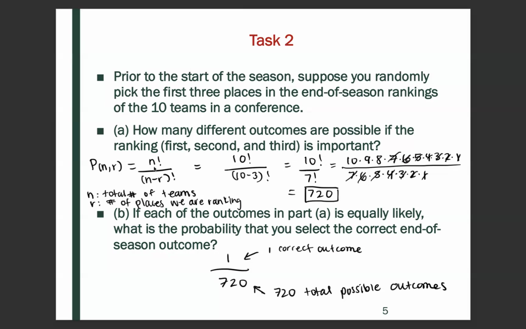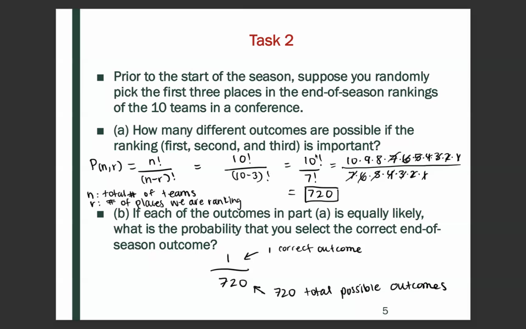And so we would have N is the total number of teams and R is the number of places we are ranking. So we would have 10 factorial, because that's the total number of teams in the conference, divided by 10, which is N, minus R. R is 3, because there's 3 places that we're ranking, first, second, and third.